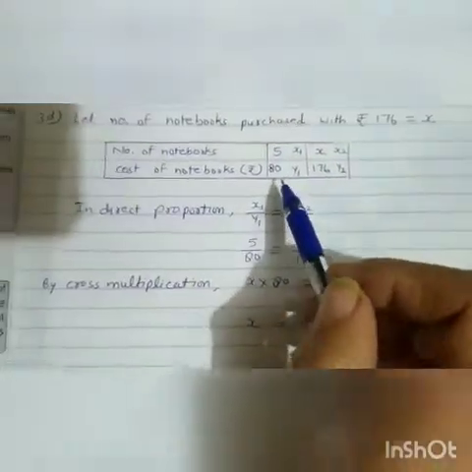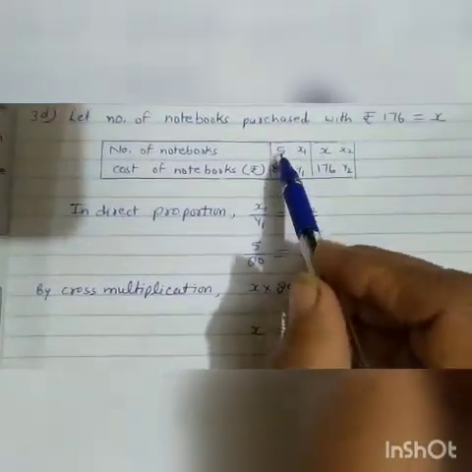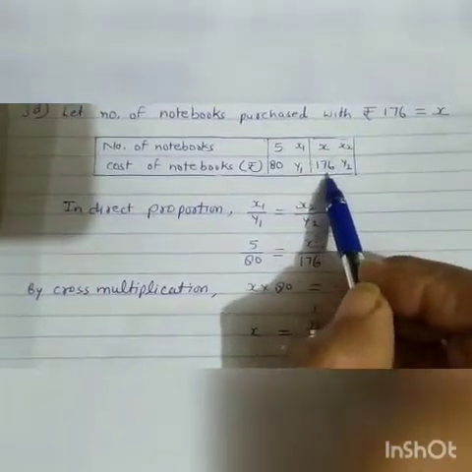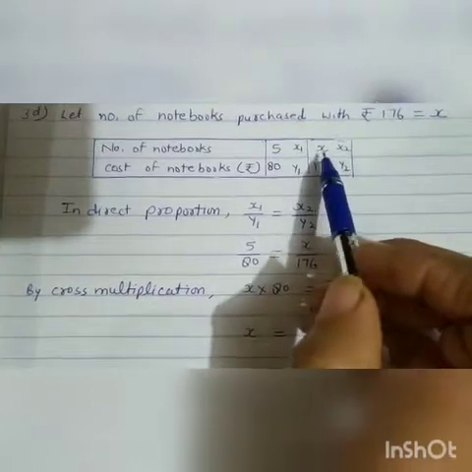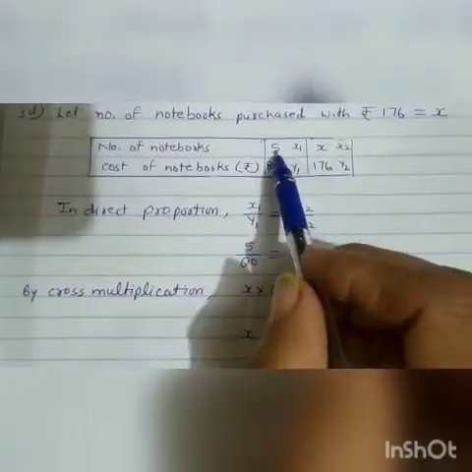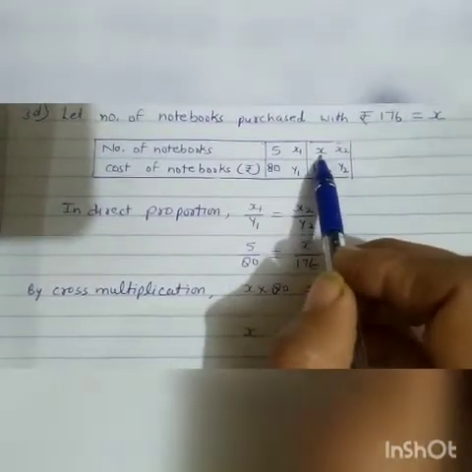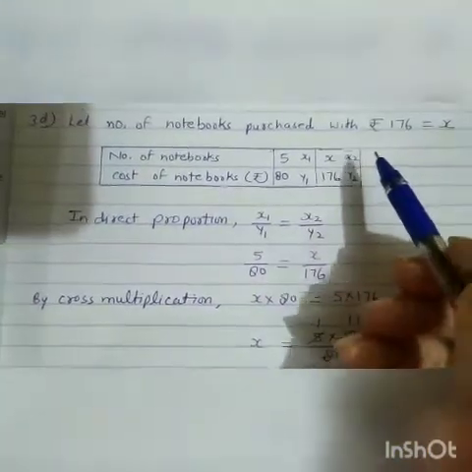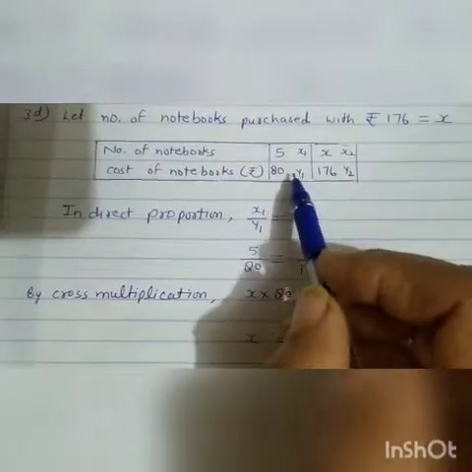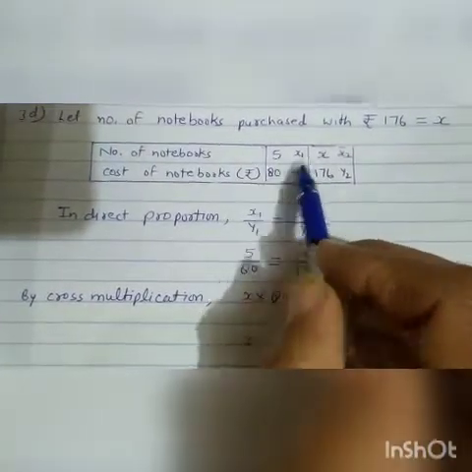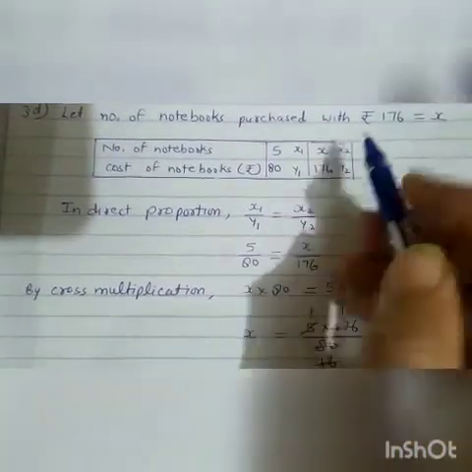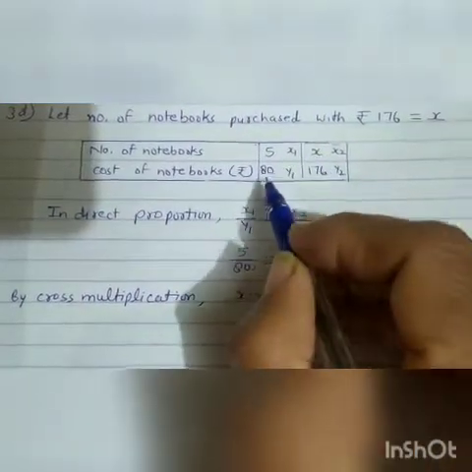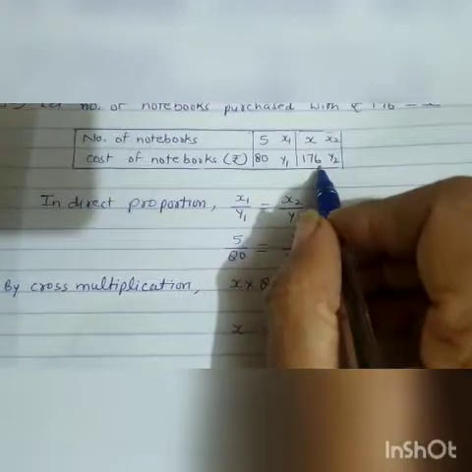Now you think: in 80 rupees we can purchase 5 notebooks. Then in 176 rupees, we can purchase more than 5 notebooks or less than 5 notebooks? Obviously we will purchase more notebooks. If money is more, then we will purchase more notebooks. So again the number of notebooks will increase and the cost is also increasing.